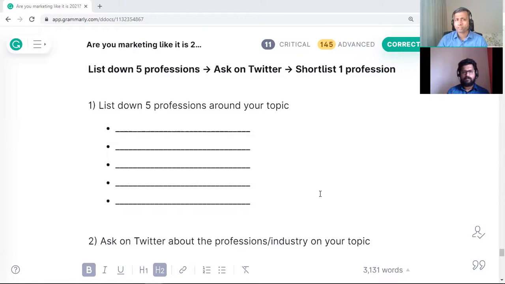Similarly, there are other professions. If I pick something from a different world, say the design world, take interior design. There are different professions in interior design. The person who does the interior for you could be an architect or an interior designer, and nowadays there are interior stylists.